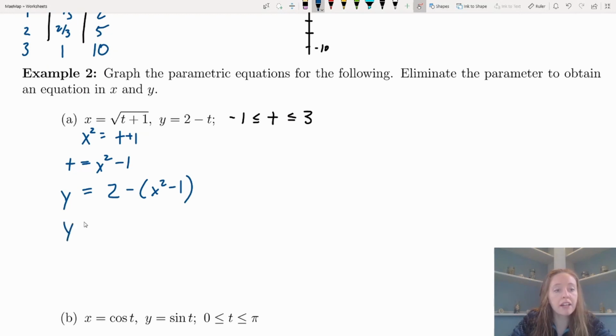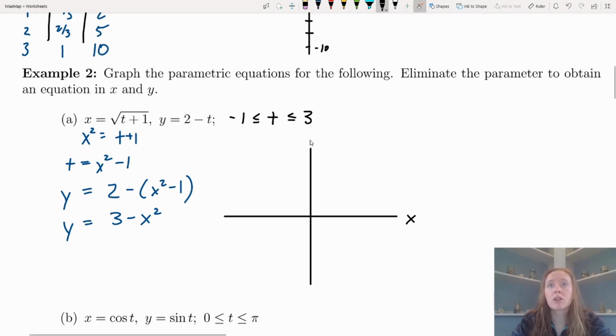So y is going to be 2 minus x squared minus a -1, so that will be 3 minus x squared. Which is a lot easier to visualize when we go to graph. Because think about it, my y-intercept is going to be 3, and that's a parabola that opens down.